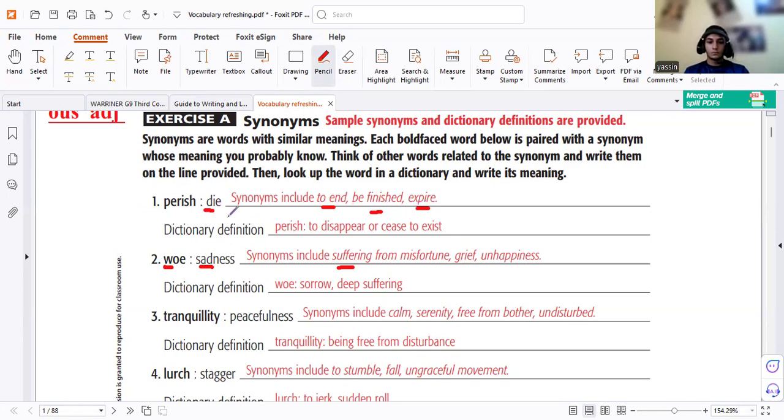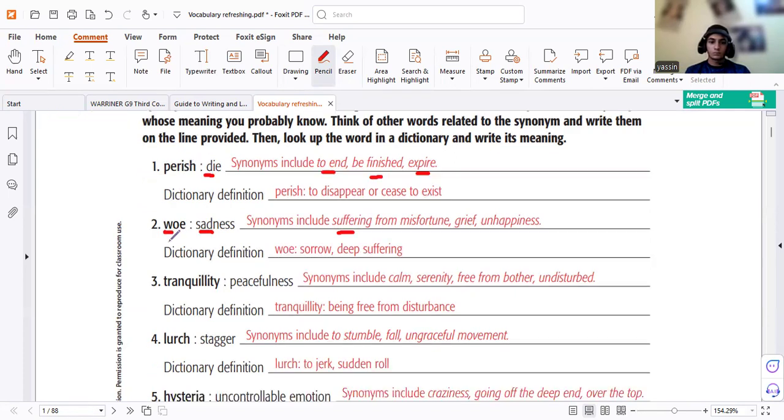So if something dies, disappears, stops existing, why not? Find anything in the world to help you. Look at this, we have QUI, quiet. The same letters, yes or no? So tranquility means quiet.